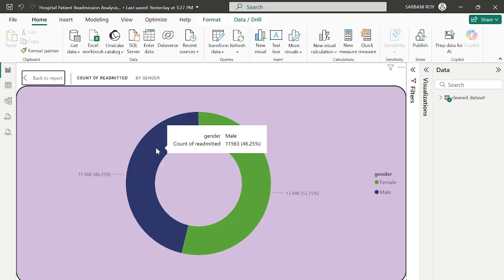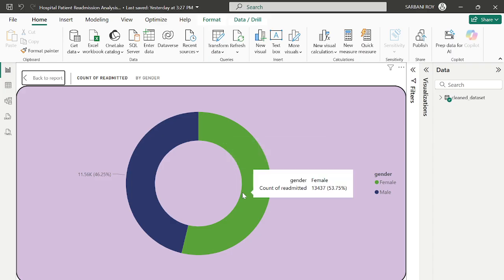This chart shows that females make up 53.75% of the total readmission patients, while males make up 46.25%. The difference is not extremely large, but it indicates the female population contributes more to readmission numbers.